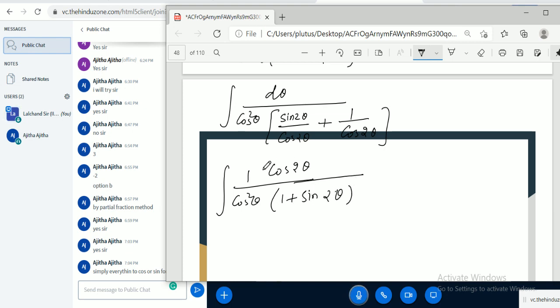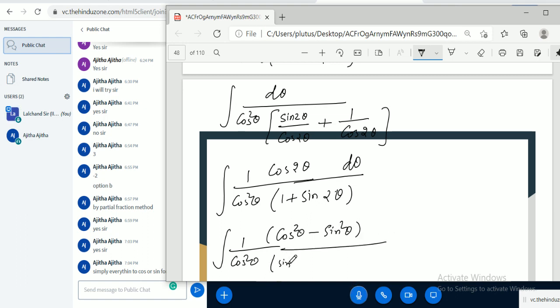Now if we write these two in terms of sine and cos, then we have 1 upon cos square theta, and this cos 2 theta will be cos square theta minus sine square theta, and this 1 will be sine square theta plus cos square theta, and this will be 2 sine theta cos theta, isn't it?